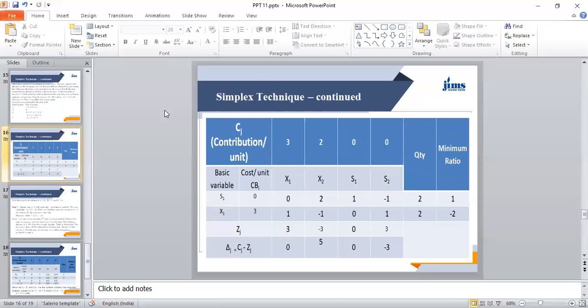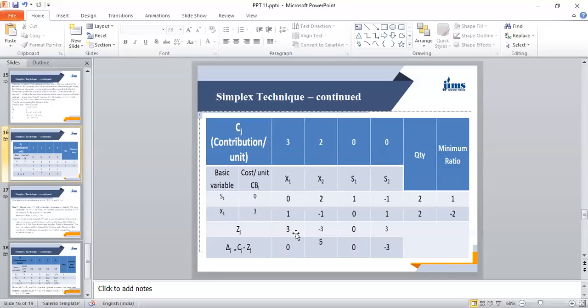It is X1, which gives a contribution of 3. So 2 units of X1, and because each unit gives a contribution of 3, so 2 into 3, 6 units or 6 rupees, because the monetary unit is rupees in India. So we get a profit of rupees 6. We started from 0 profit, now we have come to a profit of 6 rupees. So this is the improvement.